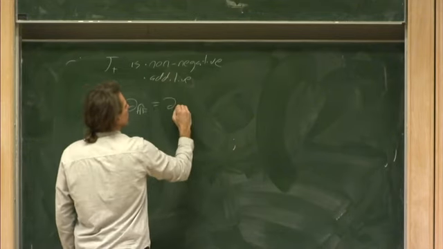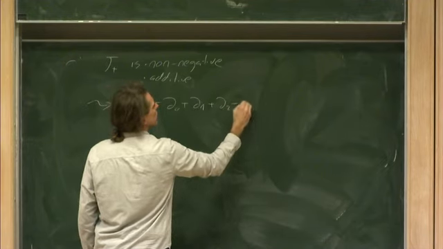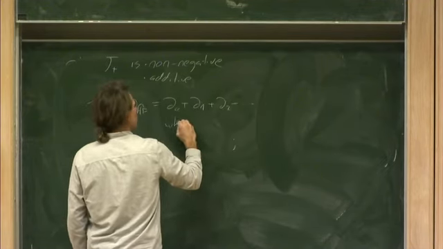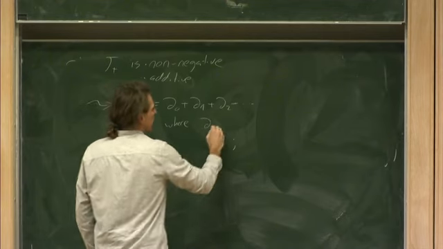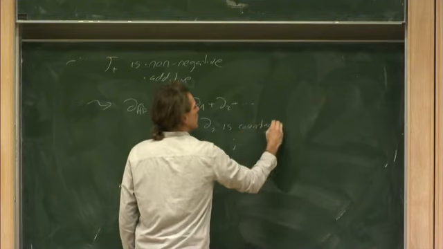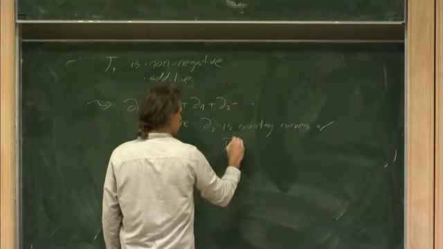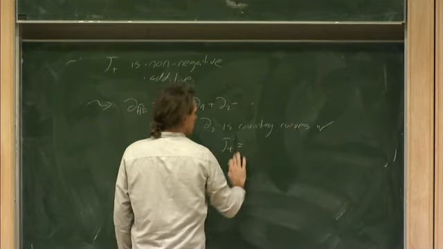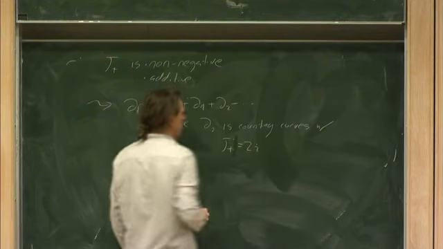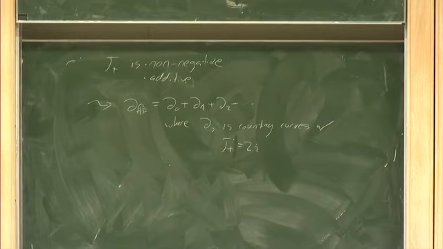So it's d_0 plus d_1 plus d_2 plus that, where this d_i is now counting curves whose J plus is 2i. So J plus is always even, among other things.